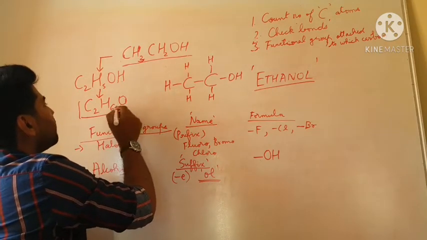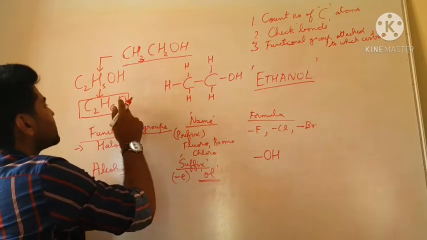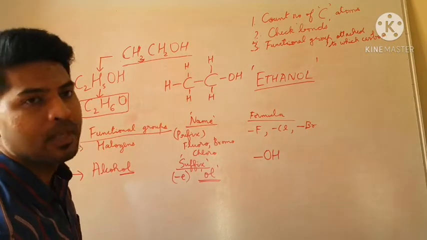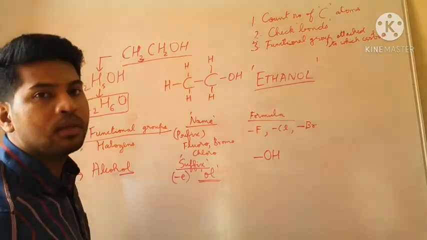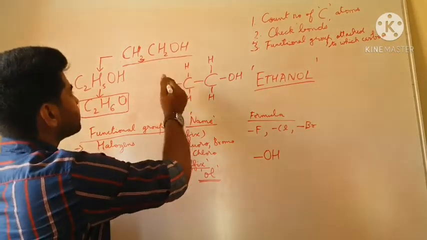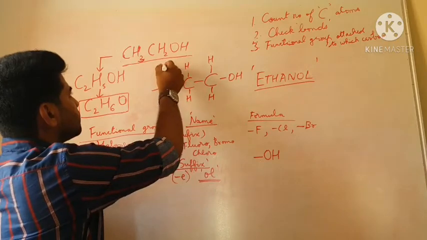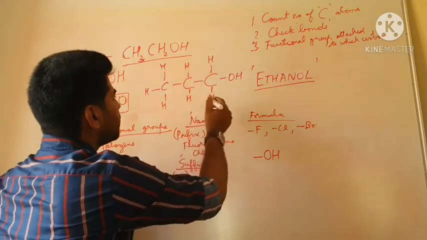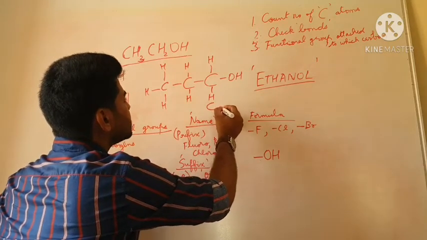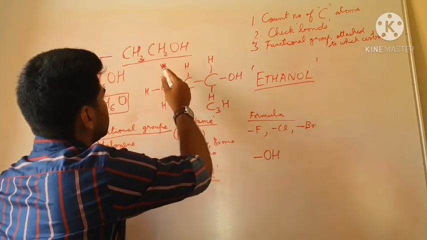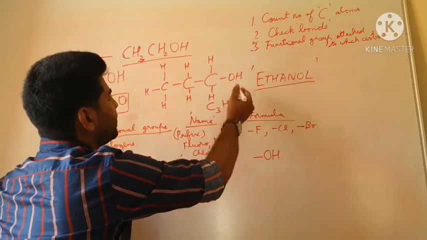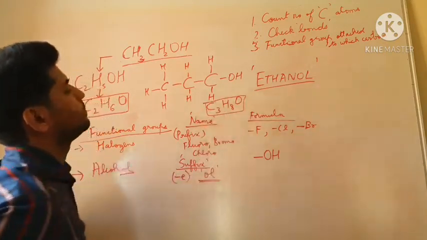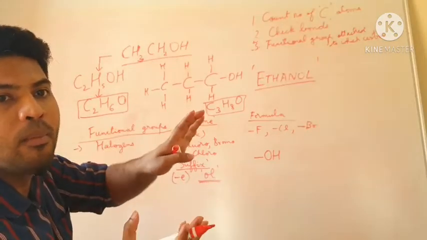So whenever you have C2H6O, it is ethanol. If it is propanol containing 3 carbons, then the molecular formula would be C3H8O. This is the compressed form.